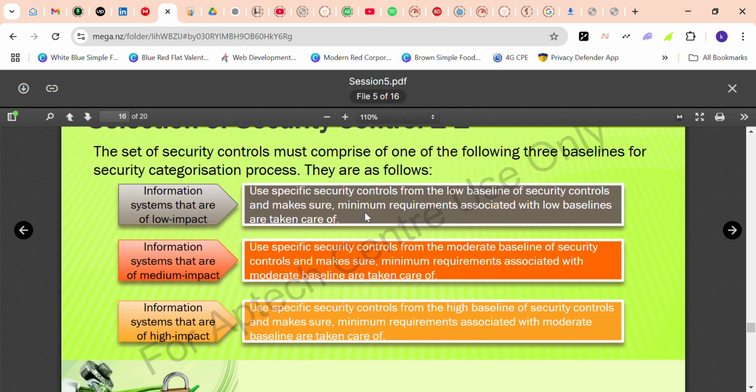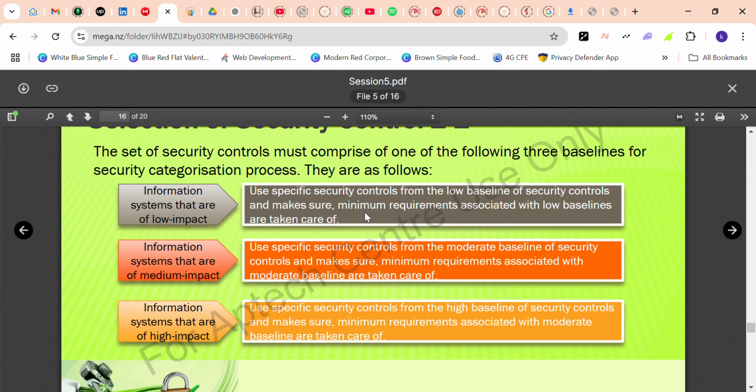Now the set of security controls must comprise one of the following three baselines. Now, if you are to choose security control, it must comprise any of these three. Are you with me? Number one, information systems that are of low impact.